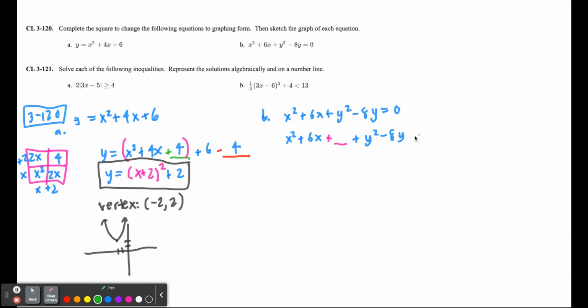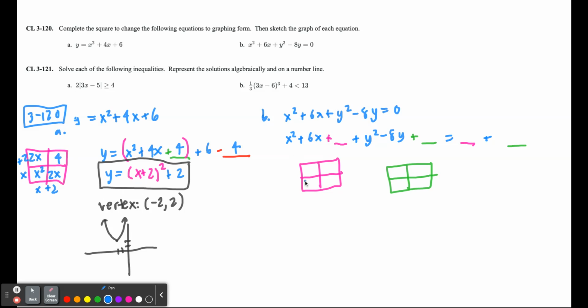And whatever you add here, you need to add on the other side. So you make two area models to figure out what you add and what it will factor to.